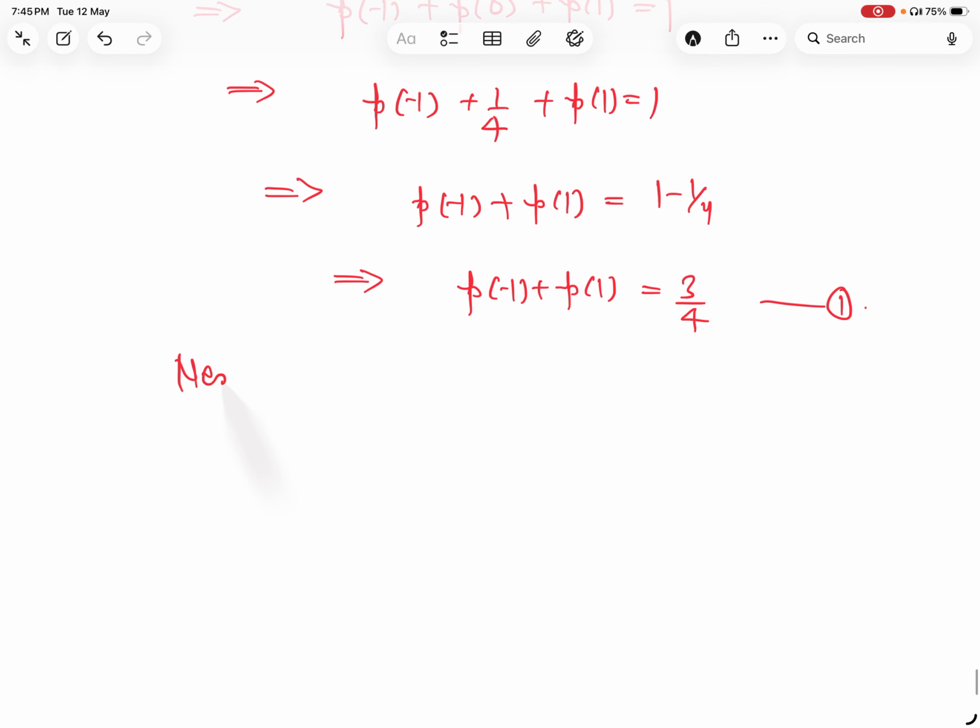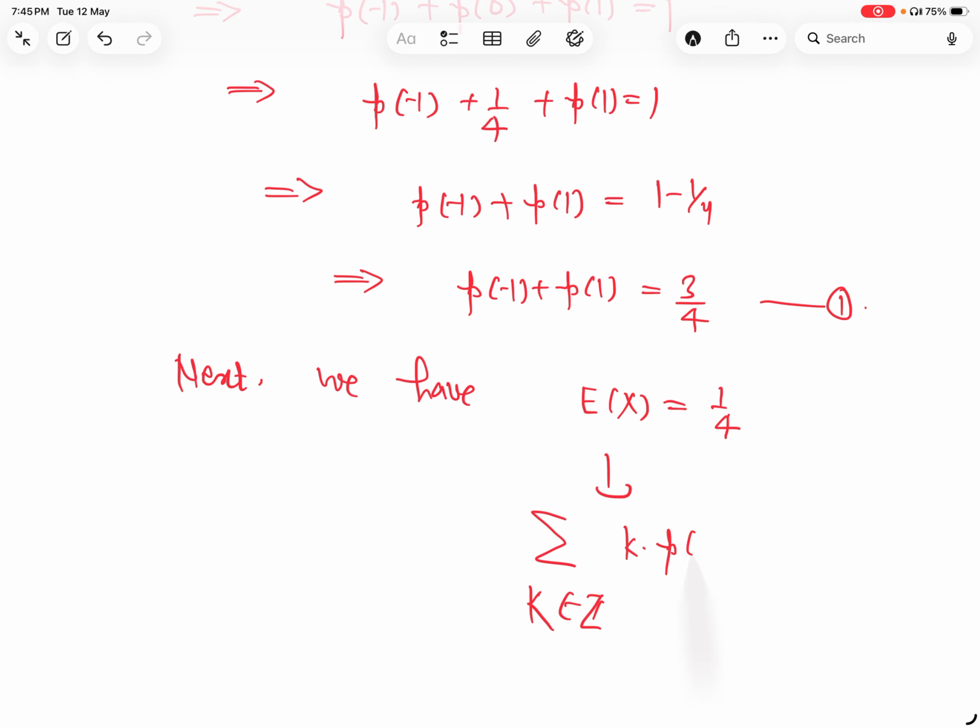Next, we have the expectation of X, which is also 1 by 4. But the expectation formula is nothing but the summation of k times p_k, k belonging to Z, is equal to 1 by 4.